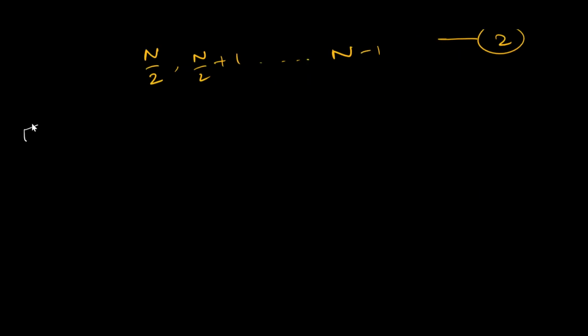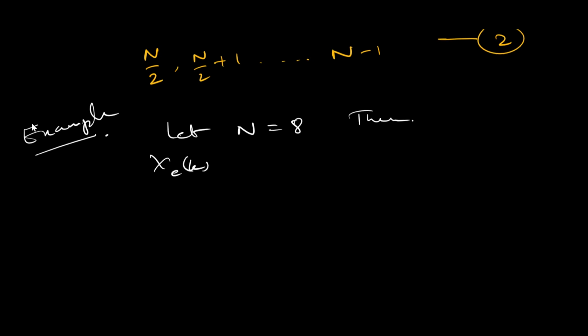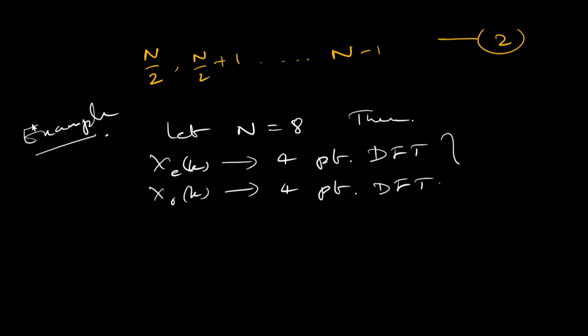Now let us consider an example. Let N be equal to 8. Then X even of k will be a 4-point DFT, and X odd of k will also be a 4-point DFT, that is an N by 2 point DFT.